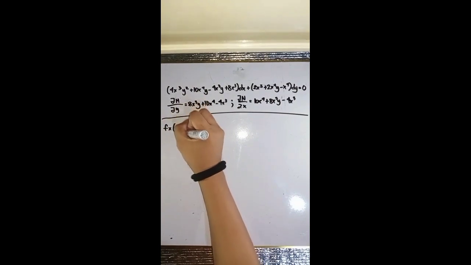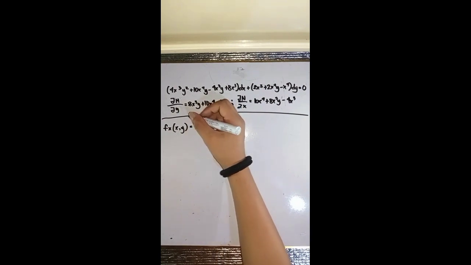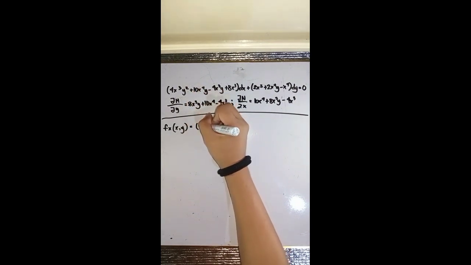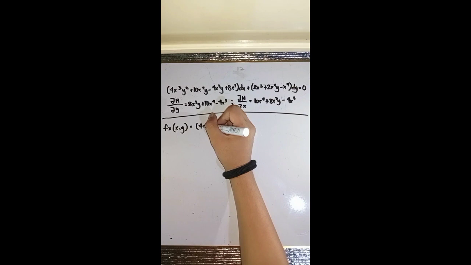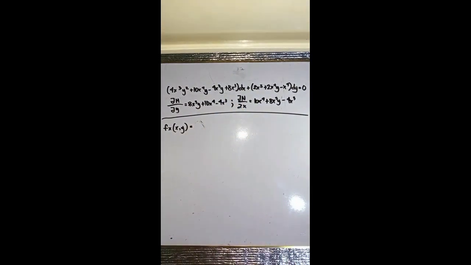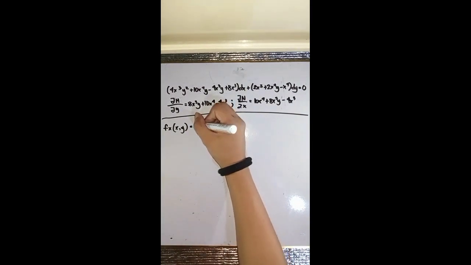So there is a function of x, a partial function of x, which is equal to the integral of M, which is 4x cubed y squared plus 10x to the power of 4 y minus 4x cubed y plus 8x cubed dx. So we're going to integrate this in terms of x.